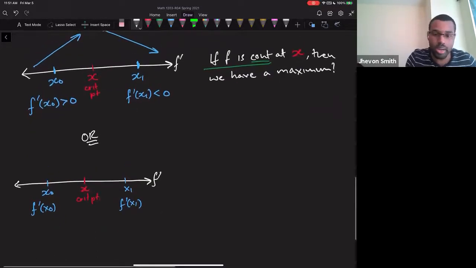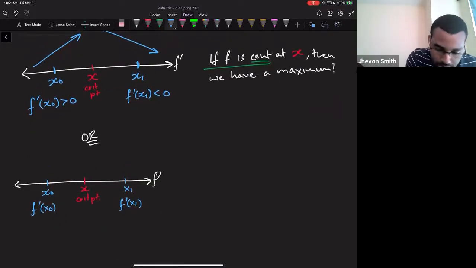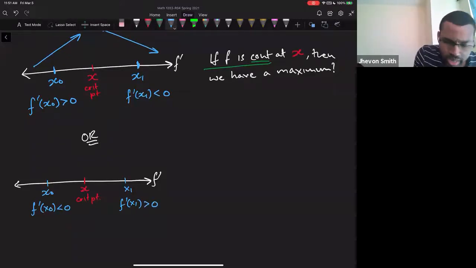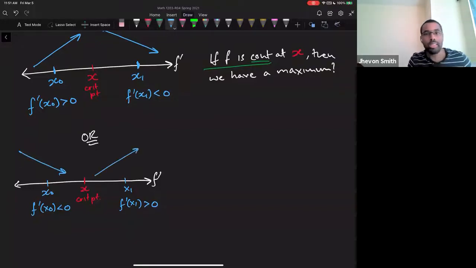But the opposite scenario could have happened. I could have gotten a negative on this side and a positive on that side. In which case, that means I'm decreasing here towards the X and increasing there as I leave the X. Of course, that means you hit a minimum provided that the function is continuous at that X value.